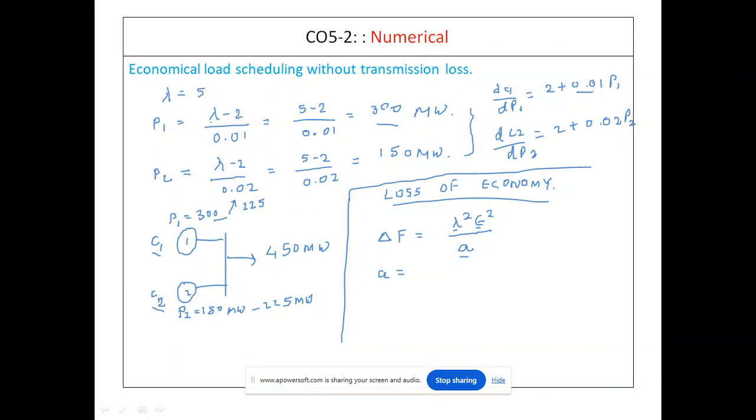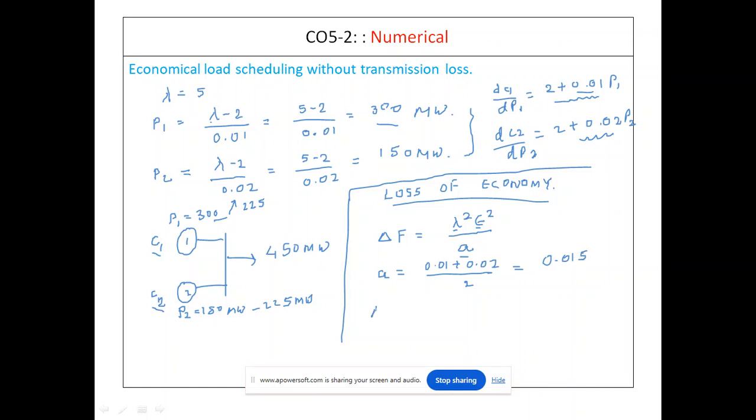Now these are the slopes of plant 1 and plant 2. Now we have to find the average slope. So the average slope is (0.01 plus 0.02) divided by 2. So we will get this value as 0.015.